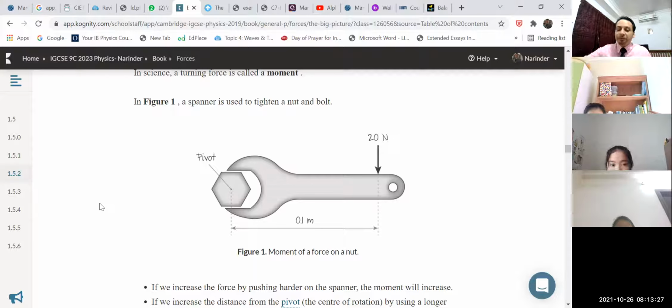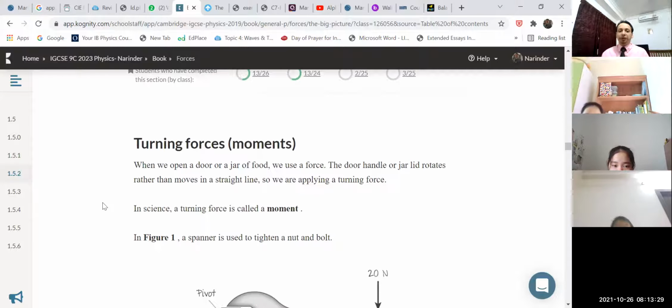Another example, children: when you open a jar of food, I have this protein powder box. On this box, if I apply a force with my hand, now the lid is closed, so I want to open it.